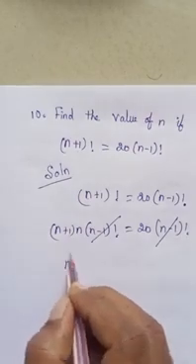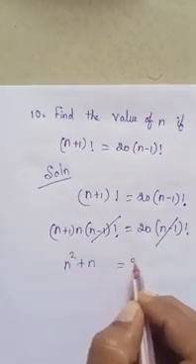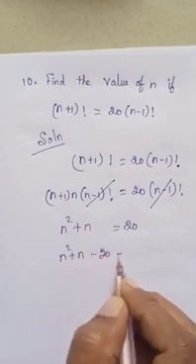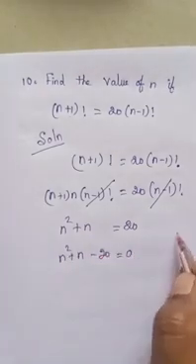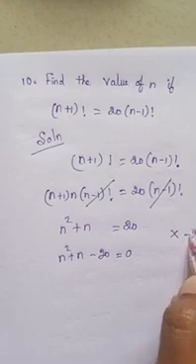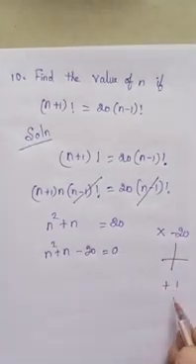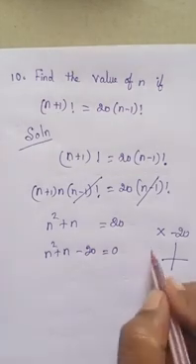See here, n square plus n is equal to 20, or n square plus n minus 20 is equal to 0. See, the product value is minus 20 and the sum value is plus 1. What are the two numbers? I hope 4 into 5.